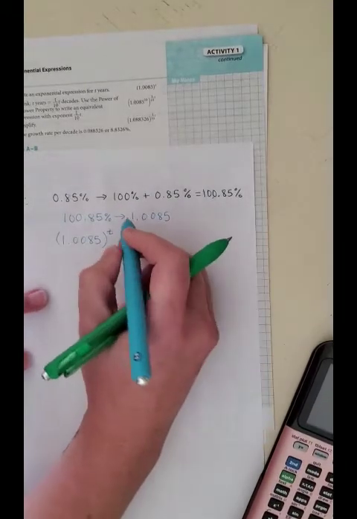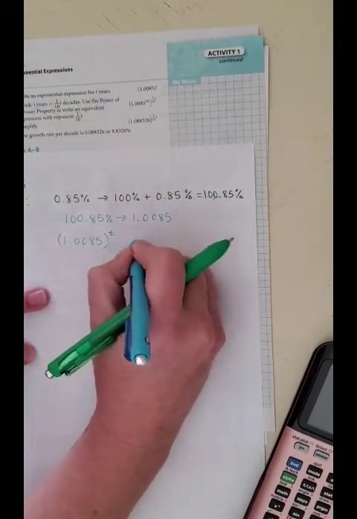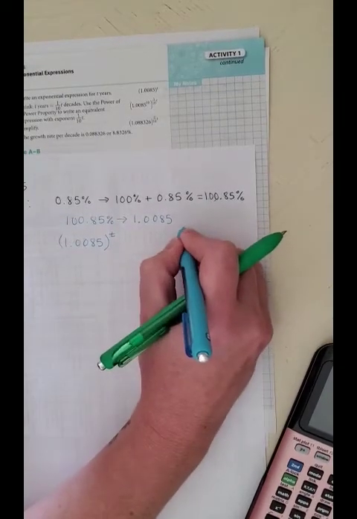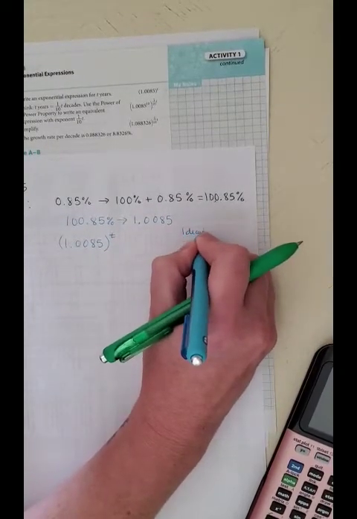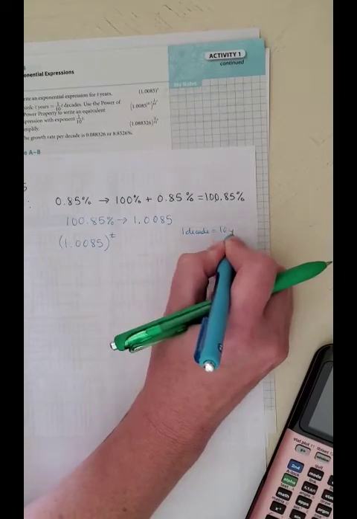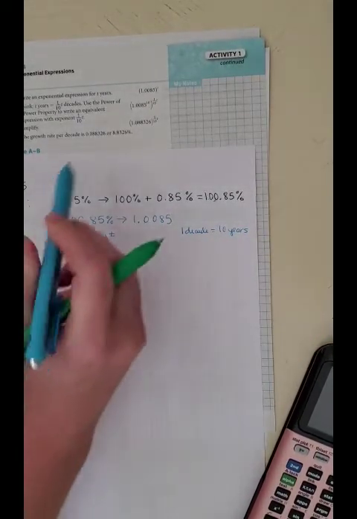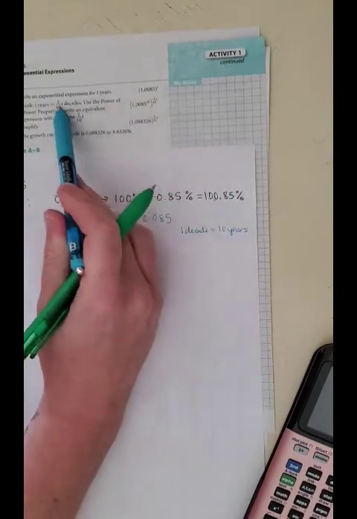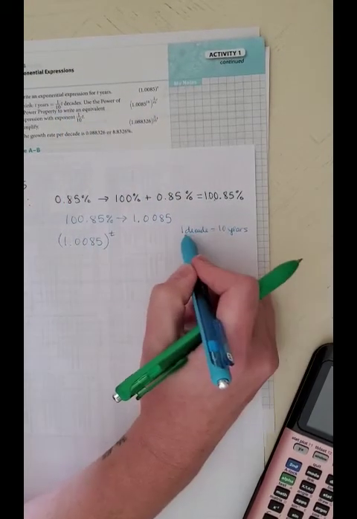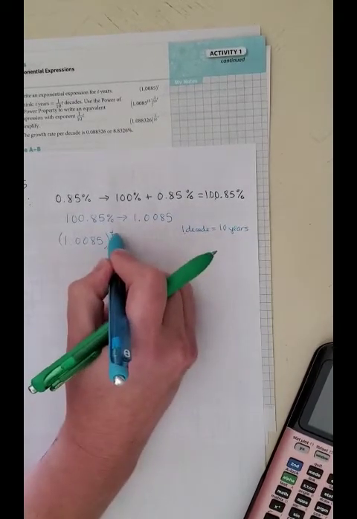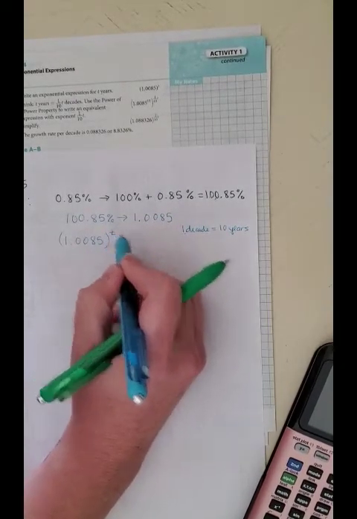All right. Now, how many years are in a decade? So 1 decade is equal to 10 years. So we want this now to be in terms of 1/t, right? So 1 decade is equal to 10 years. That means that this is 1/10.